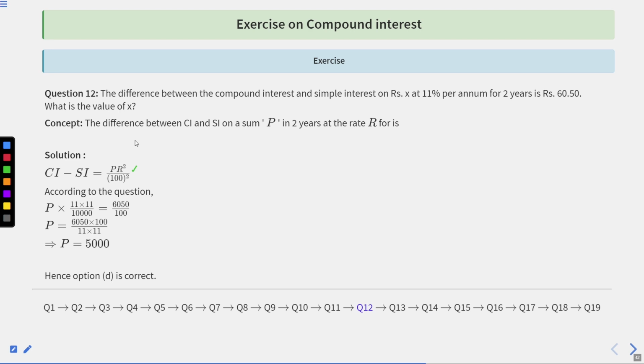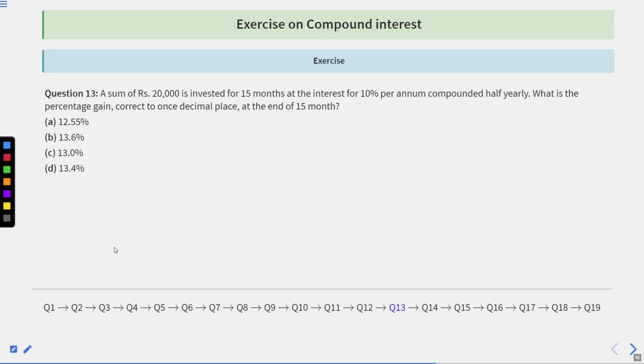This formula is already studied by us in the theory sessions. According to the question, P into 11 upon 10,000 is equal to 60.50. When you simplify this, you will get P equal to 5,000. So the correct option here is option D.